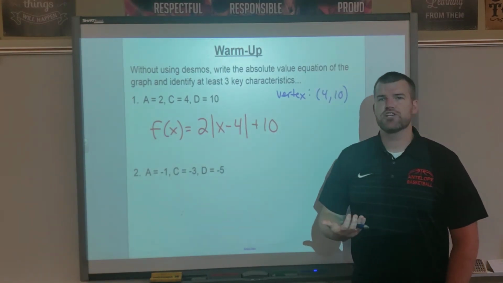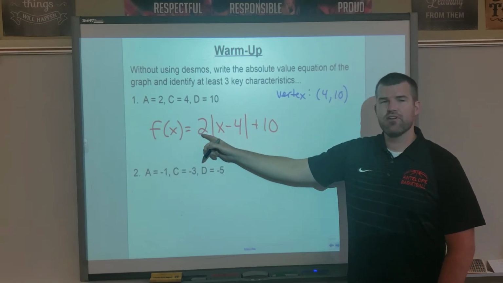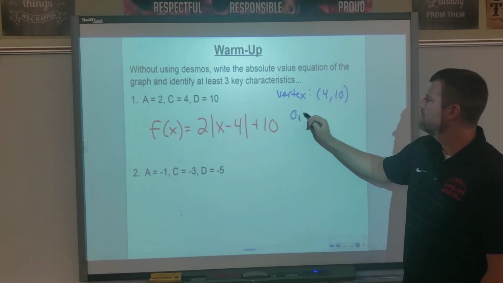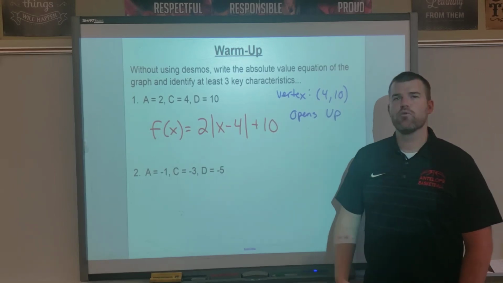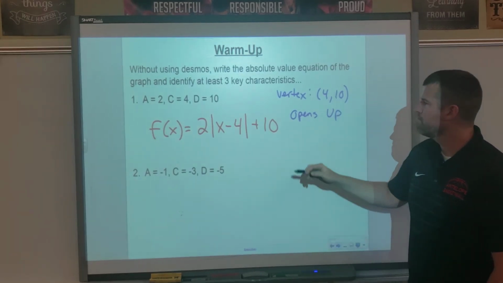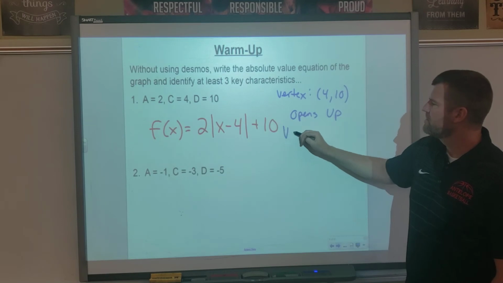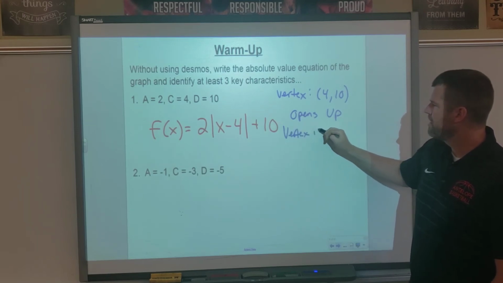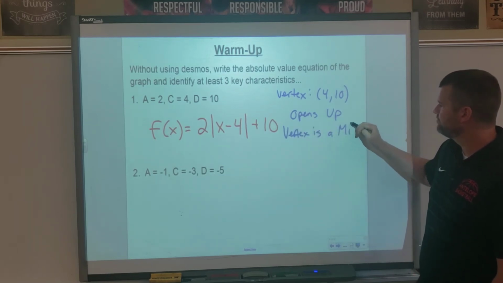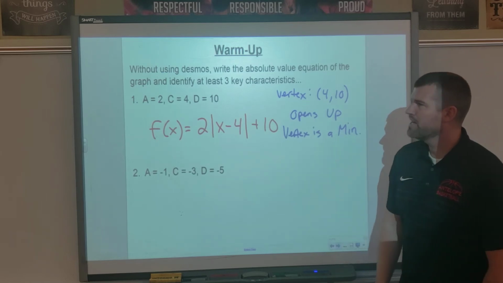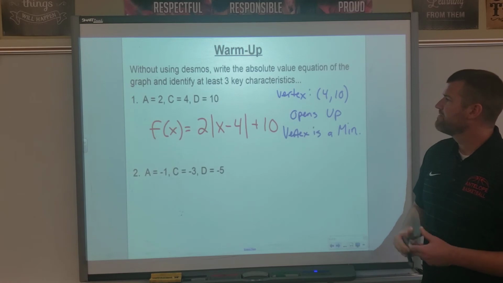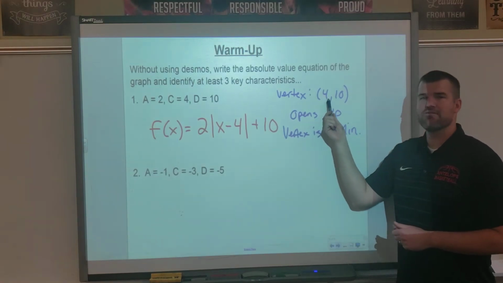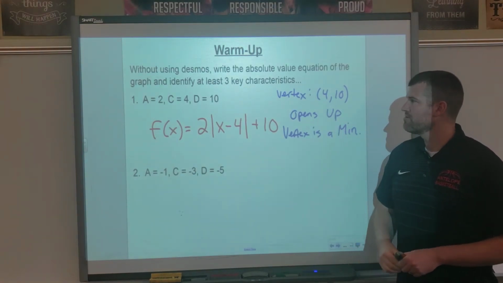We know which direction it opens. If this is positive, our graph will open up. If our graph opens up, that means our vertex will be at the bottom, which means the vertex is a minimum. Then we could actually come up with quite a bit more. We know that the line of symmetry will go through the vertex, so our line of symmetry would be x equals 4.